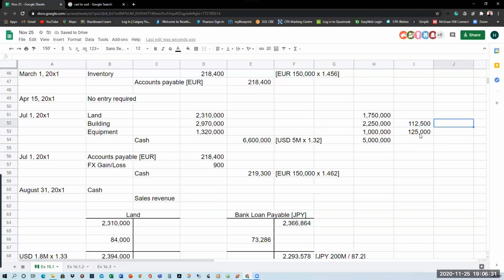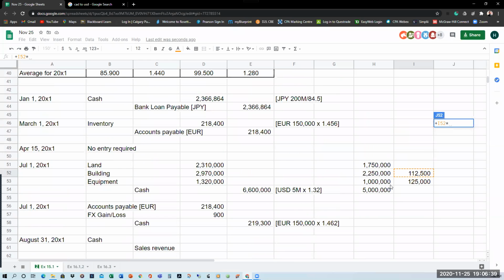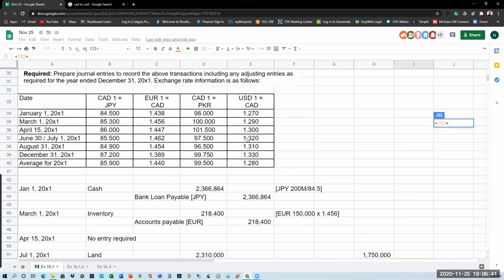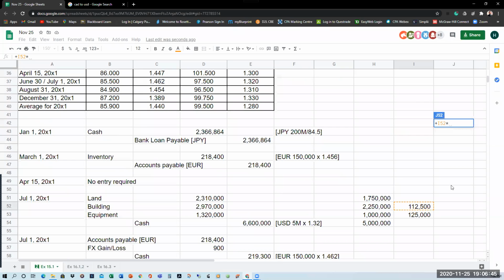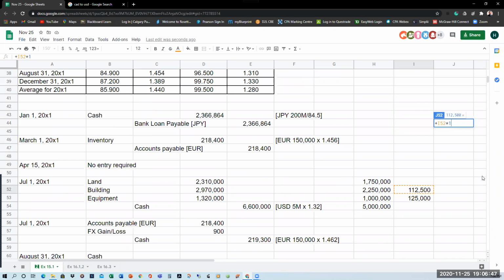Now, you don't want to use any other rate except for the original rate when the asset was acquired. When the asset was acquired, the rate had been 1.32. So you want to use the 1.32 rate, right? So this is 148,500, 165,000.